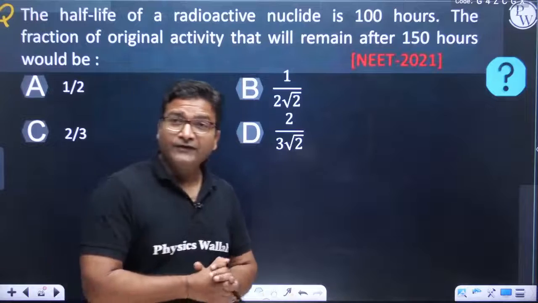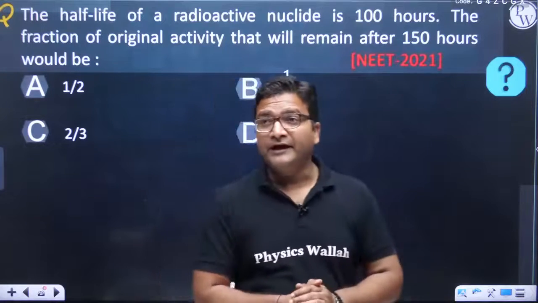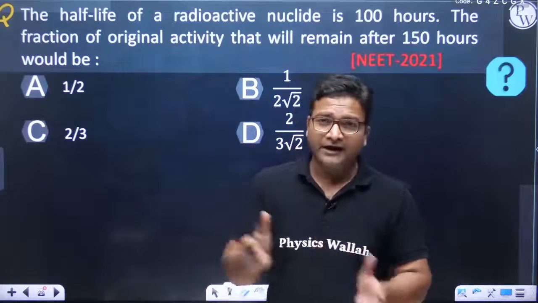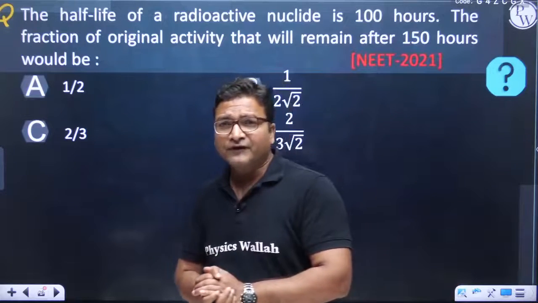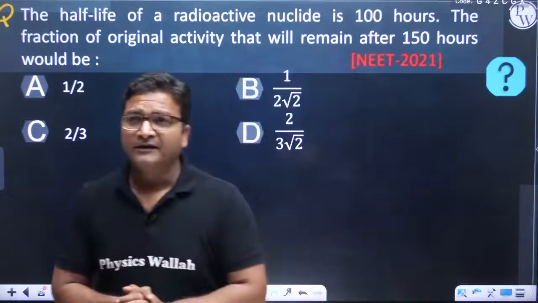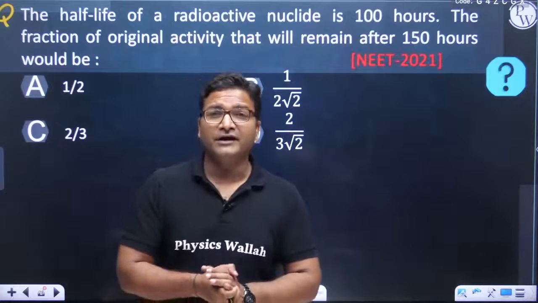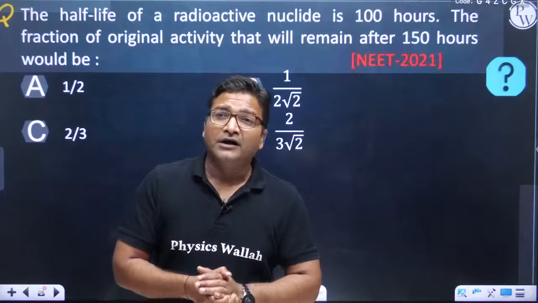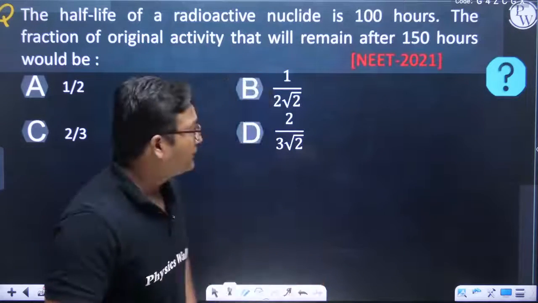This says the half-life of a radioactive nuclide is 100 hours. Again, it's a very similar question. The fraction of original activity that will remain after 150 hours.